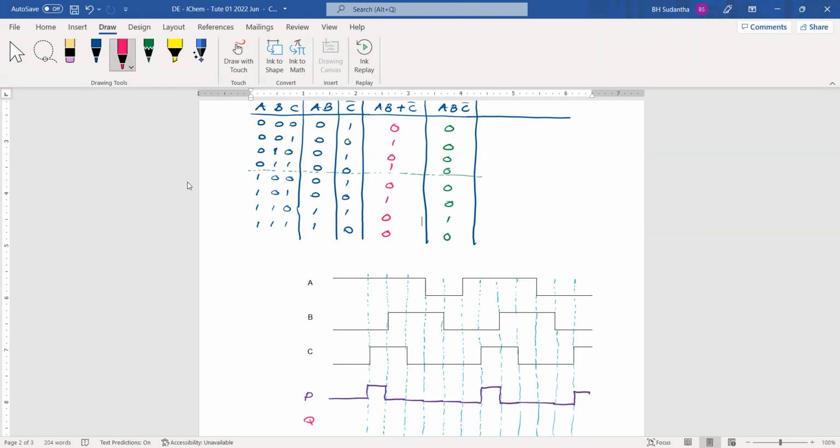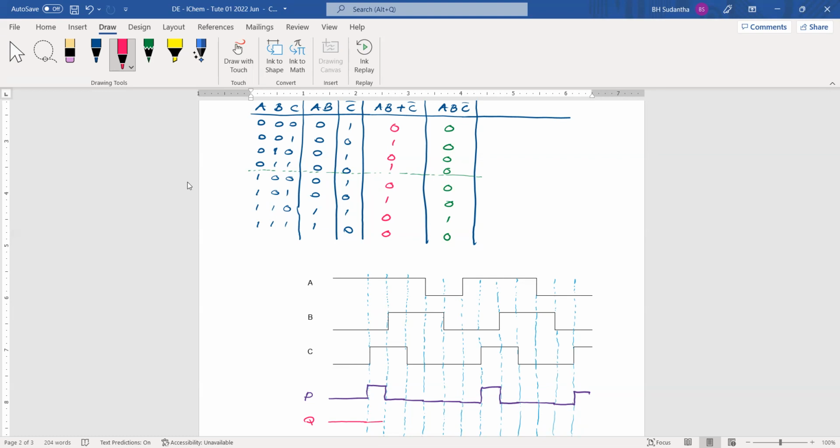Q is all the time 0. Only it's having 1 at 1, 1, 0. Okay. Then Q here, it's 0. This is 1, 1, 0. This is 1, 0, 1.